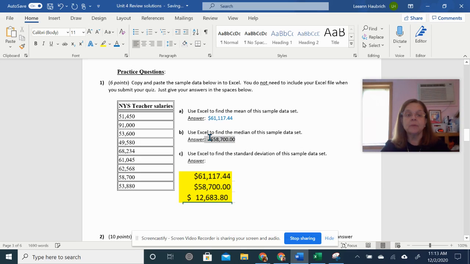Again, I'm going to make it another color so my instructor can read it. Didn't really need to put those 2 zeros there. And the standard deviation is $12,683.80.